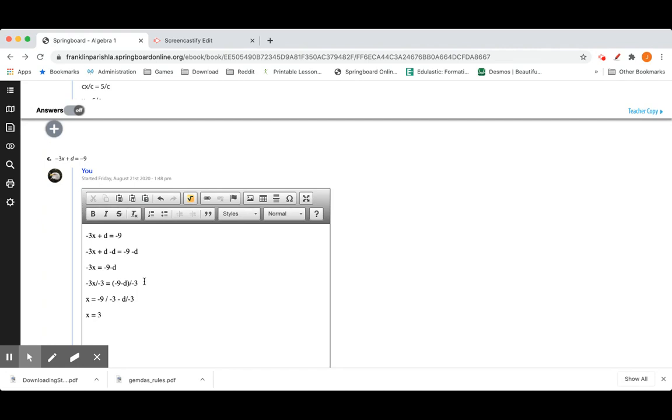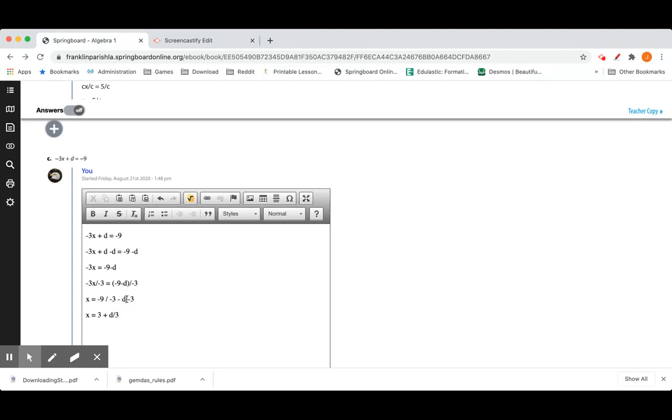Well, if it's a minus, remember, it's like adding a negative. So two negatives make a positive. It'll be plus d over 3.